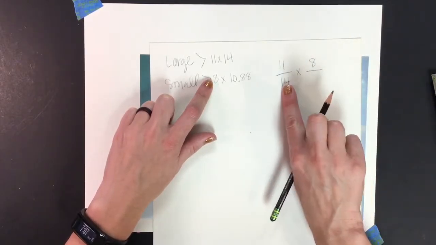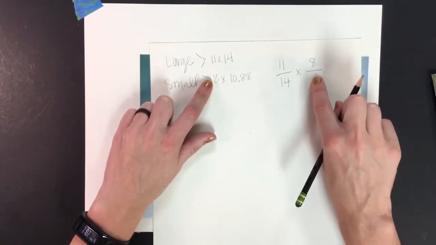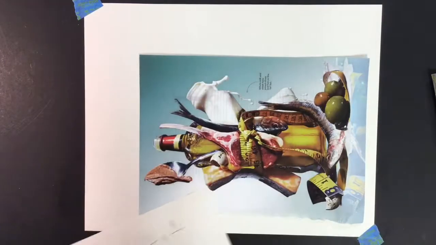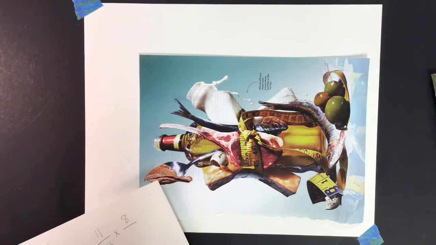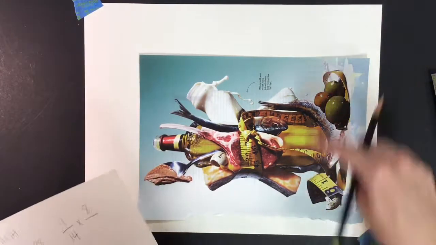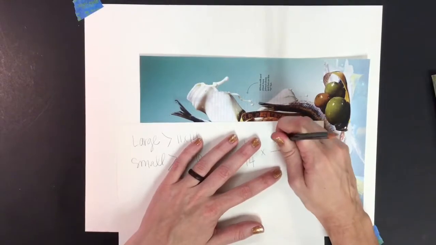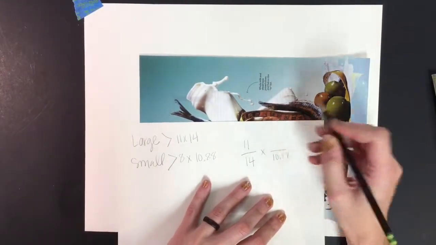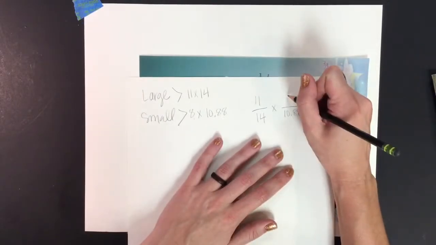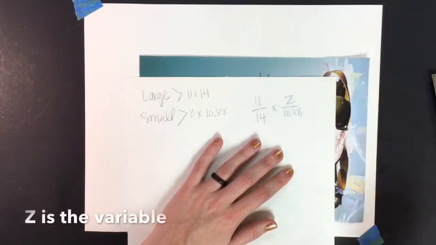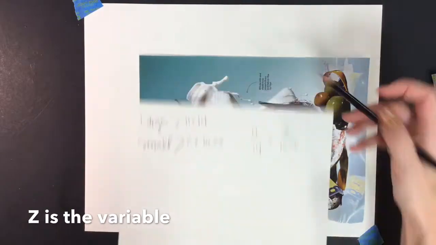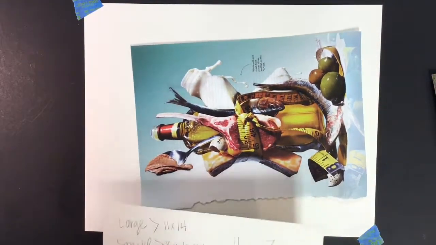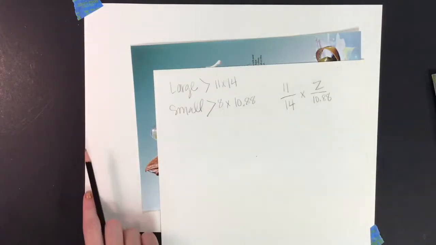We've got our 11 by 14 and our 8. Let's say our 8 can change, so let's keep our 10.88 and make this here our z. That's what we're trying to find, how much we're going to need to cut off of the sides.